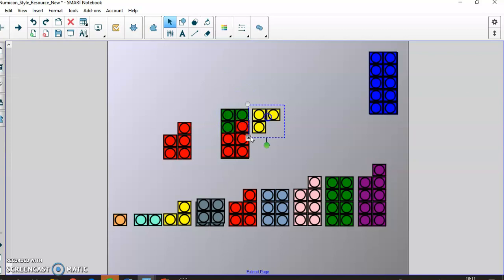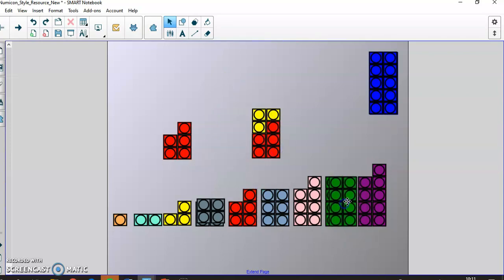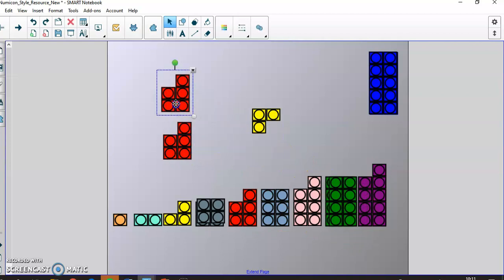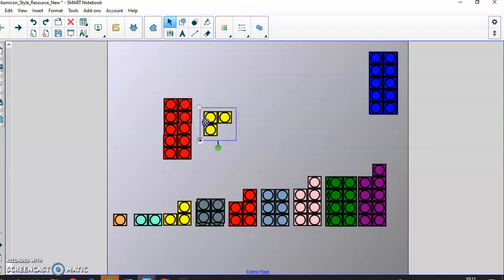So 8 is the same as 5 and 3. Now that makes it nice and easy to give the 5 to the other 5, and that 3 left over makes it 13. So knowing those facts really quickly, that 8 is the same as 5 and 3, can help you to solve questions like that really quickly.